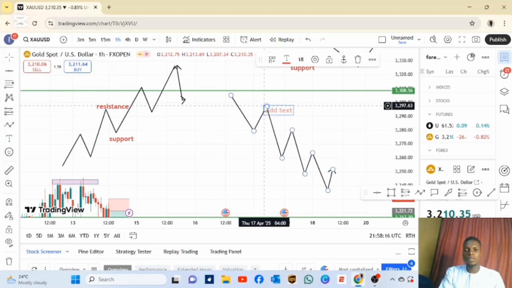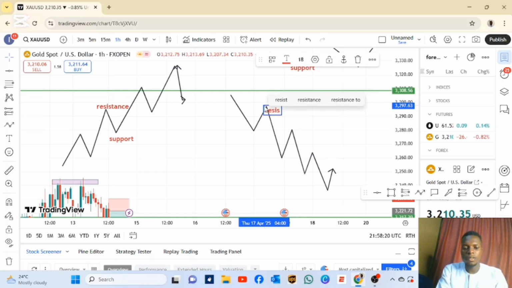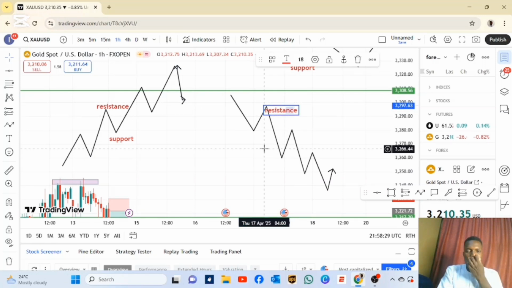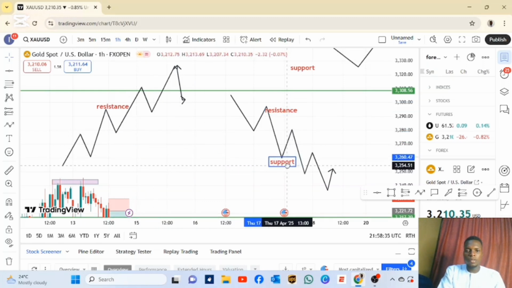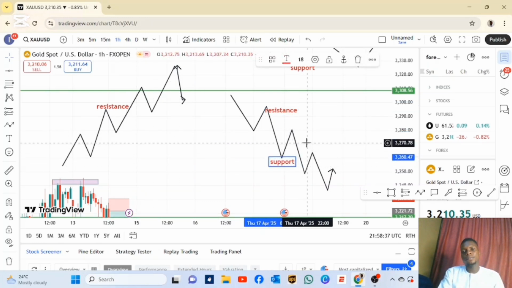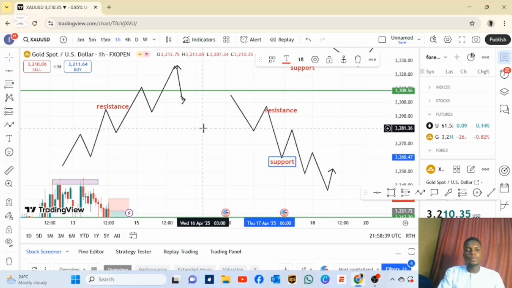This is support, these are resistance levels, resistance level right here, and these are also support respectively. Right?